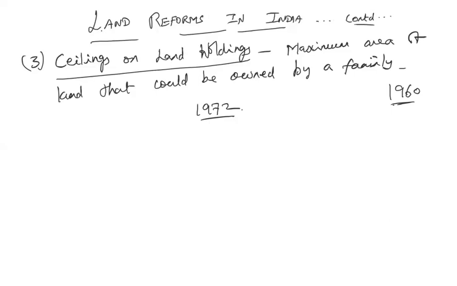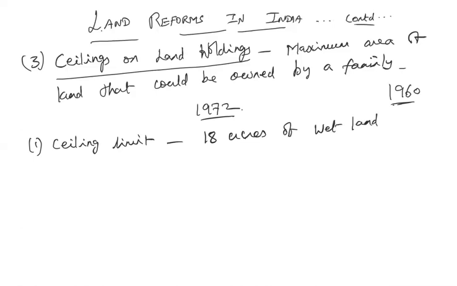Some features of the ceilings on land holdings in the country were guidelines on which they came to a consensus. The first one was the ceiling limit: 18 acres of wetland. That means if the land is fertile or has irrigation facilities, the maximum area the family can hold is only up to 18 acres.